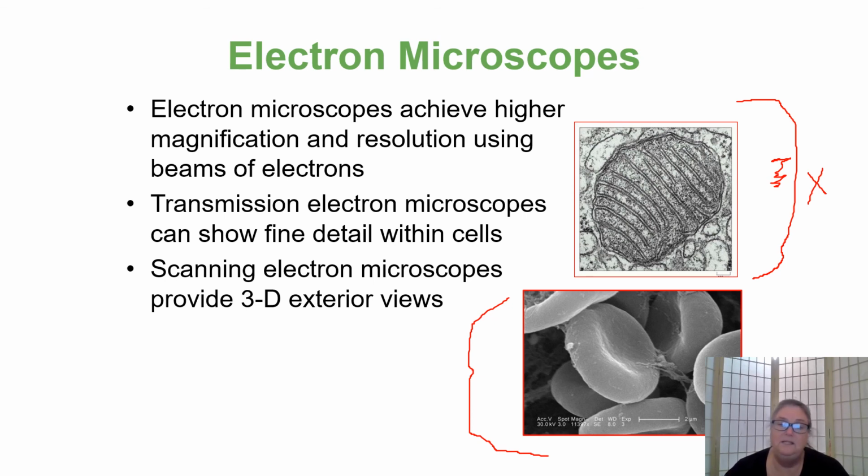You may see similar illustrations with the cell in red. They've added that color afterwards. So, very good. Look for similar illustrations online. There's lots and lots of fun illustrations to look at from electron microscopes.